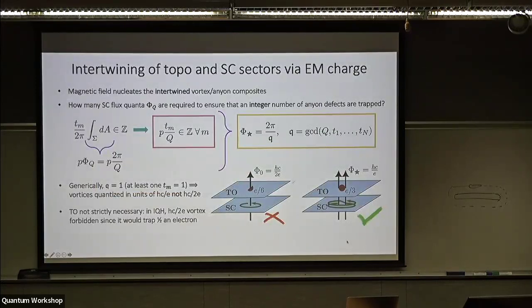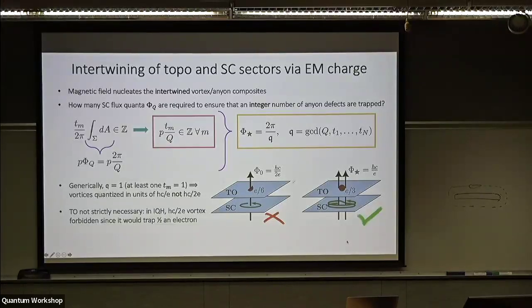Both of these things are going to essentially happen at once. When we add a magnetic field, it is going to be nucleating vortices from the superconductor, and those vortices are going to be intertwined with the anions.